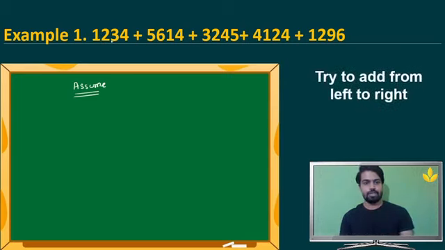Here I see many thousands, and the highest denomination is 1000 only. So first I am going to add the thousands. That is 1000, one more 5000, 3000, 4000, 1000. This is what I am going to add first. 1000 plus 5000, 6000, 9000, 13,000 and 14,000.